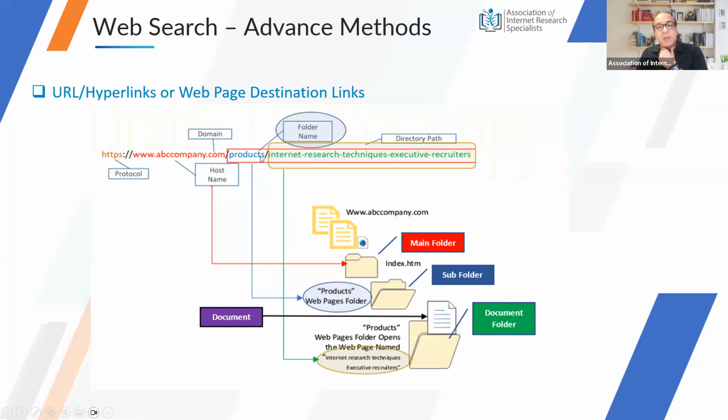And within products, there is a paper, in the same sense of how the folder on your desktop works. There is a title or a name of the document, which is followed by the second backslash after the word products. And this title of the page is Internet Research Techniques Executive Recruiter, for example. So the name of the landing page is in green color right here.